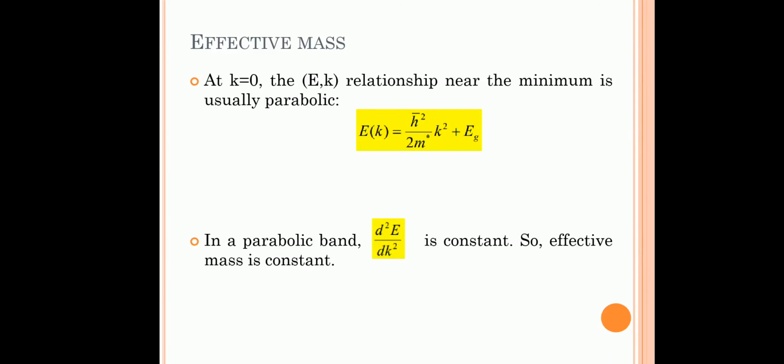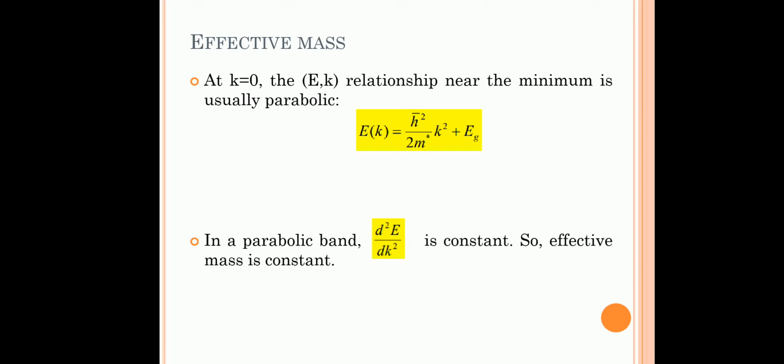At k equal to 0, the Ek relationship near the minimum is usually parabolic. We can represent it as E of k is equal to h square k square by 2m star plus Eg, where Eg is the band gap. And one more point: in a parabolic band, d square E by dk square is constant, so effective mass is also constant.